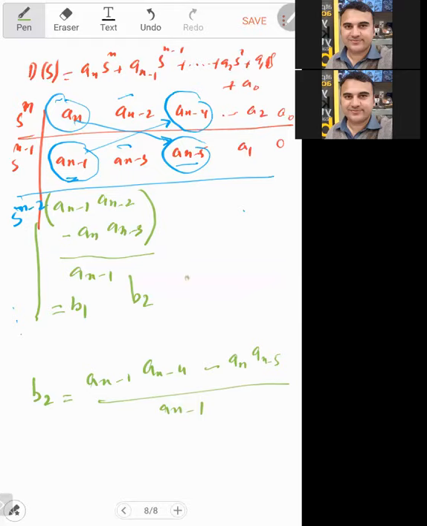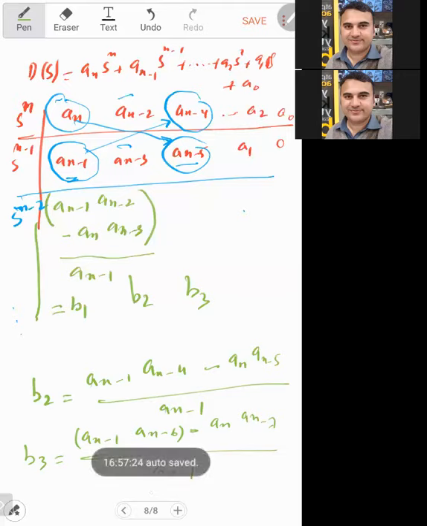And similarly, b3 will be equal to a n minus 1 multiplied by a n minus 6, minus a n multiplied by a n minus 7, divided by a n minus 1. So you can get b3 as well, and so on. You will get the other entries also. Remember that we will repeat this for all rows in the table.